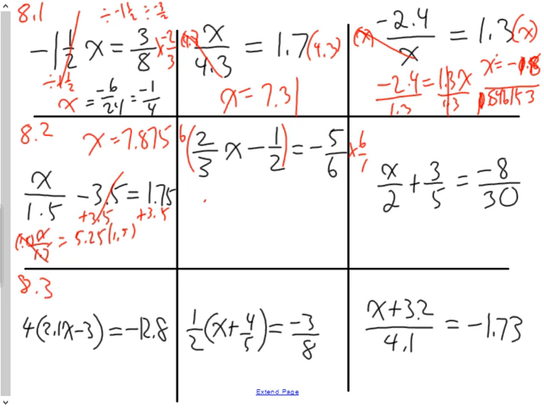So before I go any further, 2/3 x, if you have a coefficient of a fraction in front of a variable, remember this could be written this way, or more importantly, you could write it that way. So these three things are the exact same thing. So 2/3 x, or 0.6 repeating x, or 2x over 3, they all are the same thing.